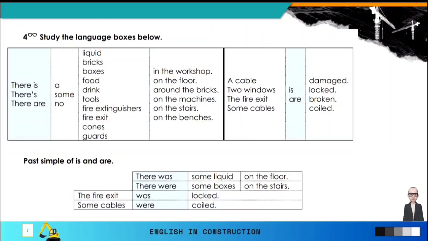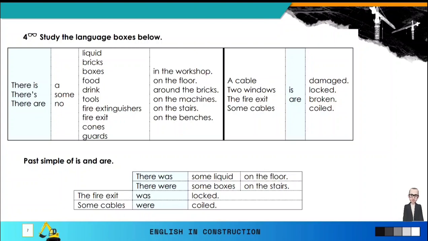These are the structures that we will be using for that. So just the examples you will see here: there is, there are, and then a, some, or no, and you can use any combination of these. There are some boxes on the floor, there is some food on the tables or on the benches, there are no fire extinguishers.